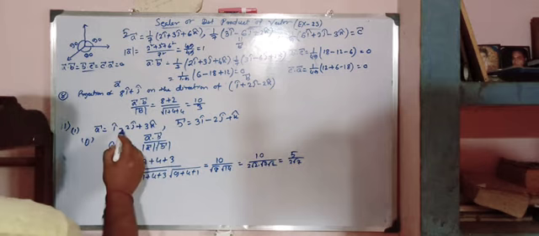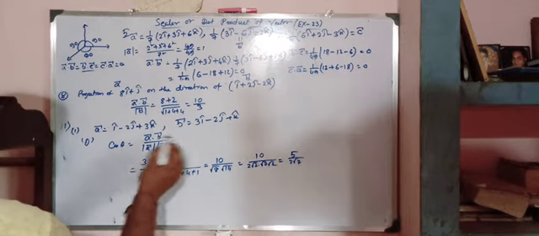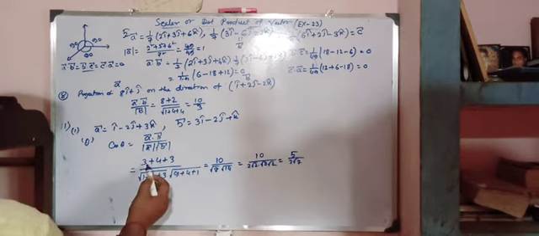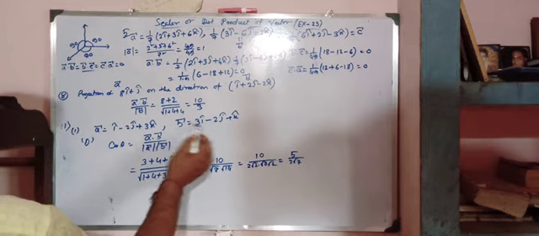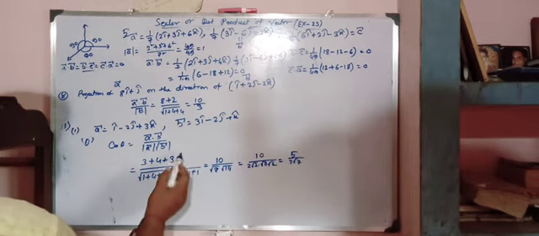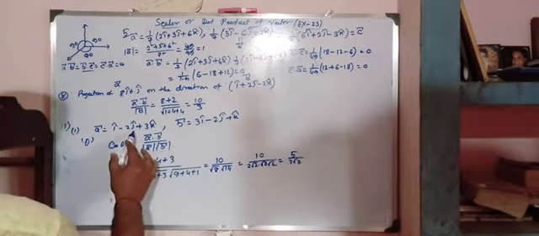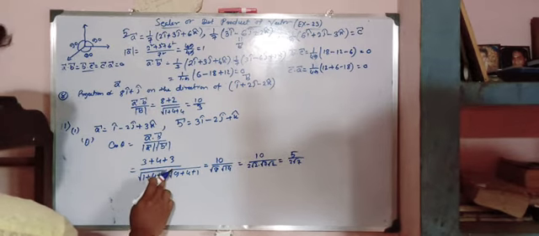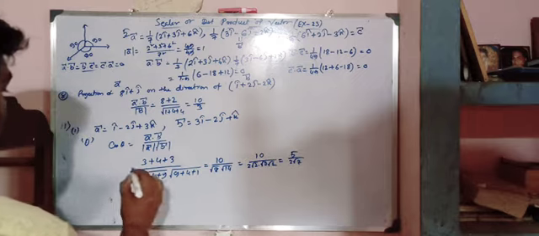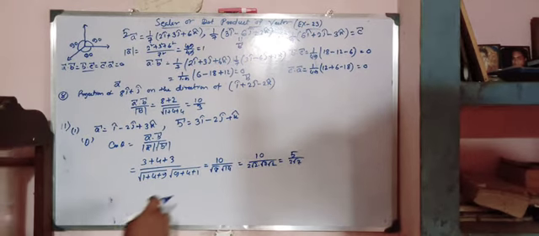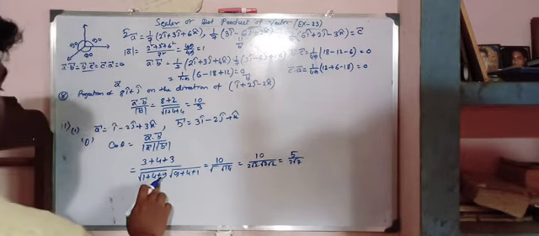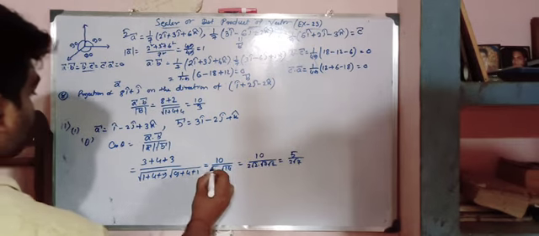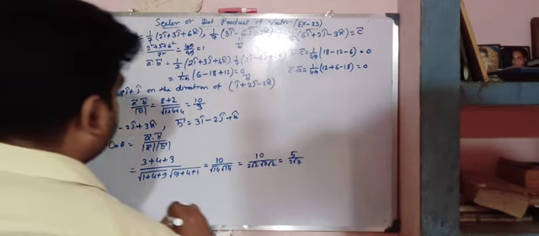A dot B is 3 plus 4 plus 3, which is 10, divided by root of 1 plus 4 plus 9, this should be 14, this is 14.